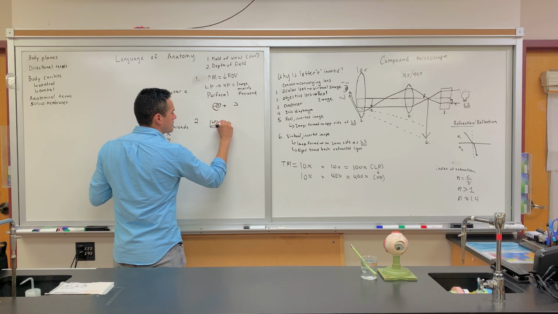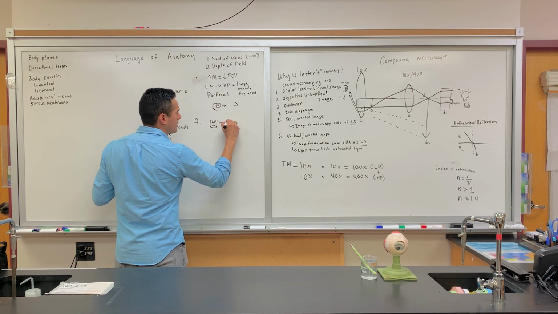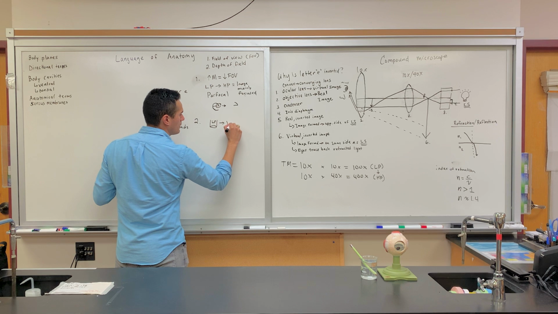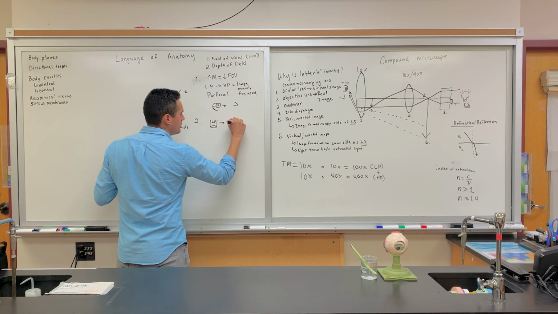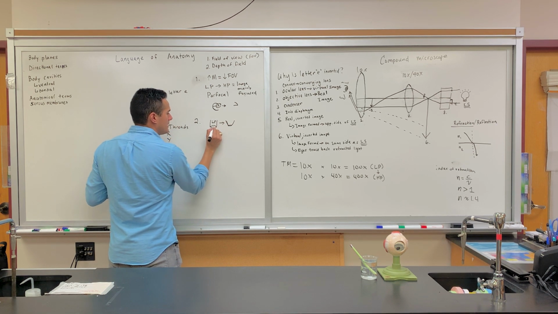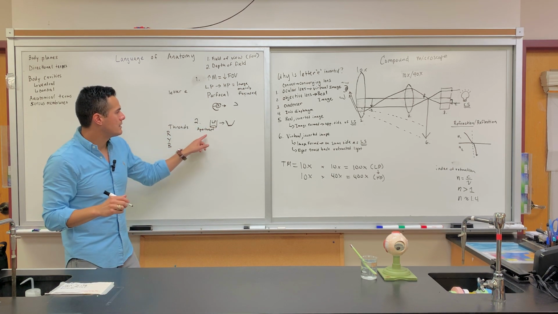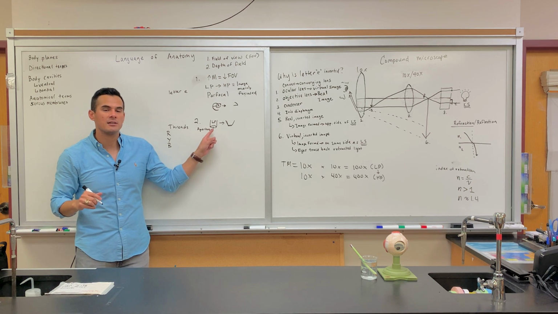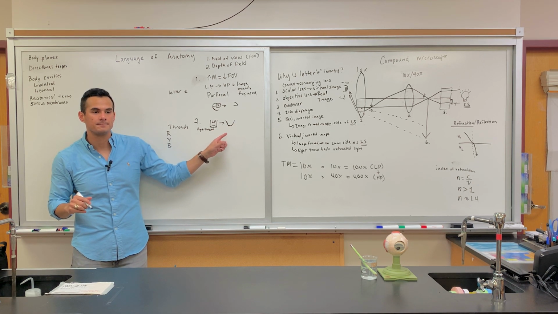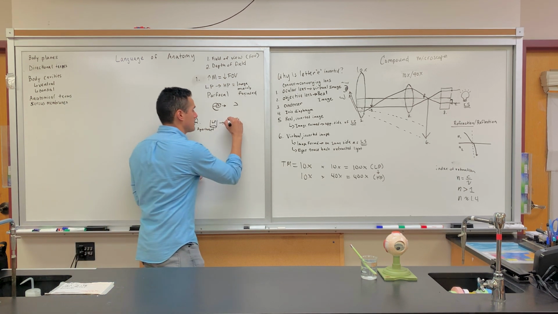When you switch from low power to high power, the first thing I want you to do is look at this part right here, which is known as the aperture. Is the aperture the same size in low power and high power? No, the aperture is smaller whenever you're in high power.